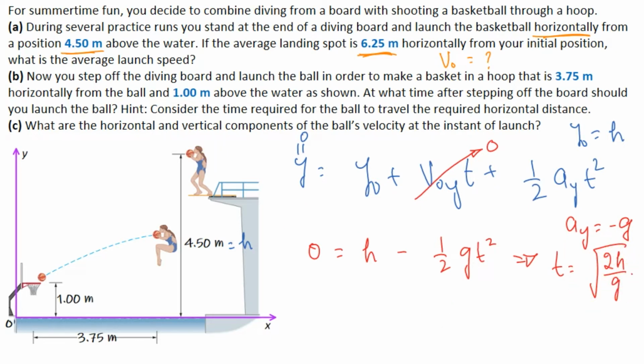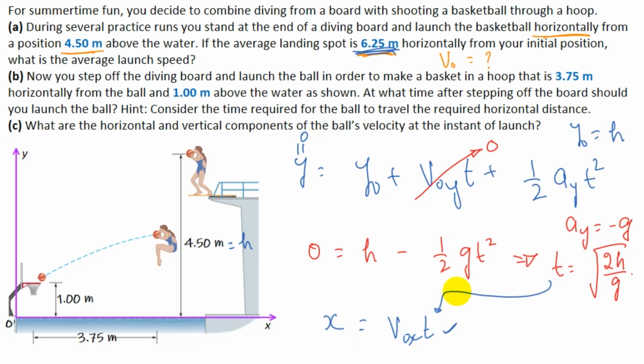If you see the motion of the ball in the horizontal direction, you can use the equation x equals v0 times t. This is speed multiplied by t, which equals x, the horizontal distance traveled by the ball in the given time t. The ball travels 6.25 meters horizontally from the initial position, so x is 6.25. v0 is the initial speed in the horizontal direction, basically v0x, and t we have calculated, so we can put it here.